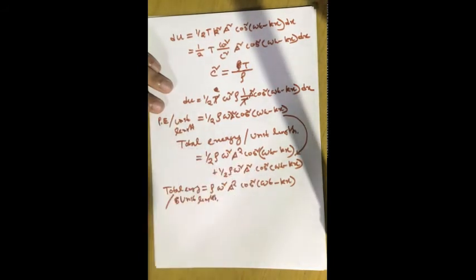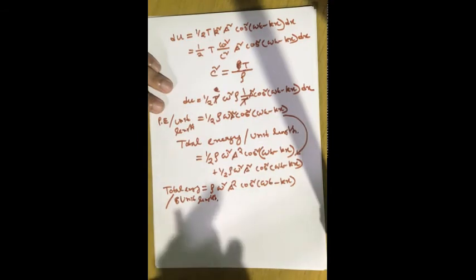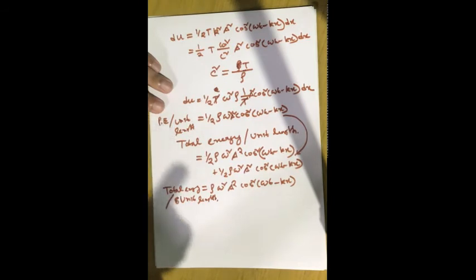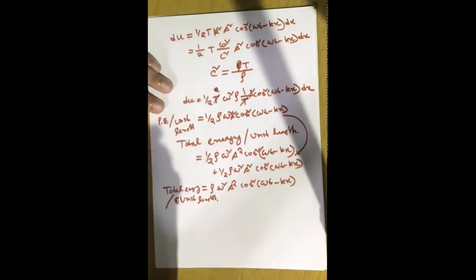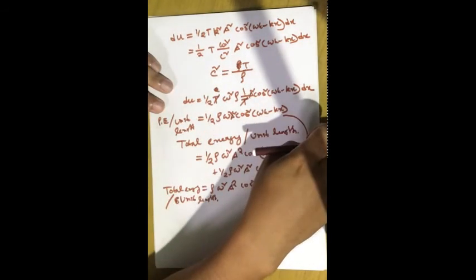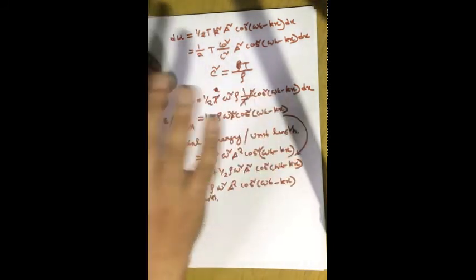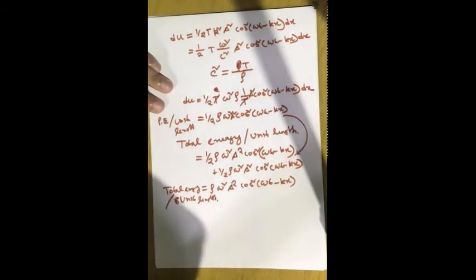But in this case, the kinetic energy and potential energy of the string will be exactly the same, that means they become maximum and minimum at the same time. So there is no phase lag between potential energy and kinetic energy. This is one difference between the total energy of simple harmonic motion and that of a transverse vibration in a string. Although both are simple harmonic in nature, in one case the potential and kinetic energy have a phase difference, where one becomes maximum when the other becomes minimum. But in this case, they both become maximum and minimum at the same instant of time.